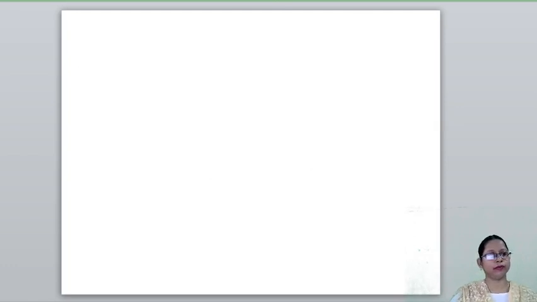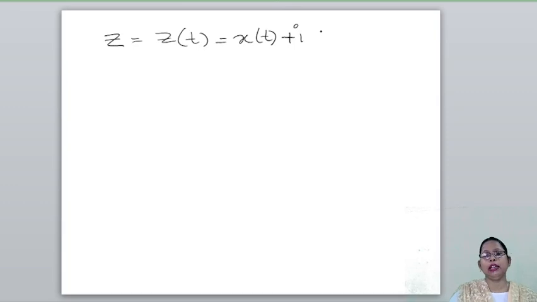Next, we will discuss some more terminology. First is differentiable or continuously differentiable curve, then piecewise differentiable, then smooth or regular, and piecewise regular or piecewise smooth. First, we know the equation z equal to z(t) equal to x(t) plus i y(t), where t lies between a and b.